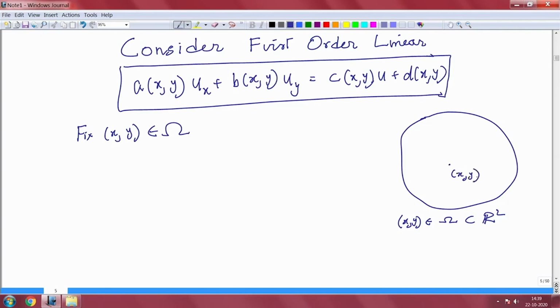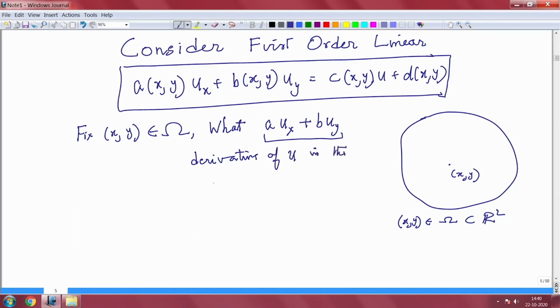And for that (x,y), what does this represent? What is a u_x plus b u_y? If you recall my preliminary lecture, you will see that this is nothing but the derivative of u in the direction (a,b). That is what you have seen in the previous lecture, direction (a,b).